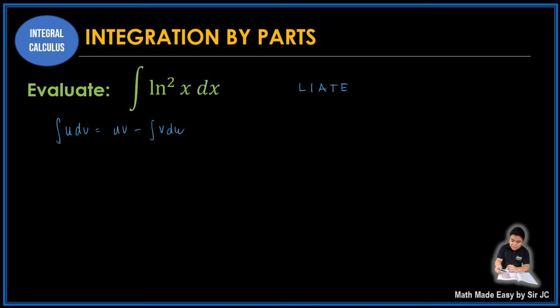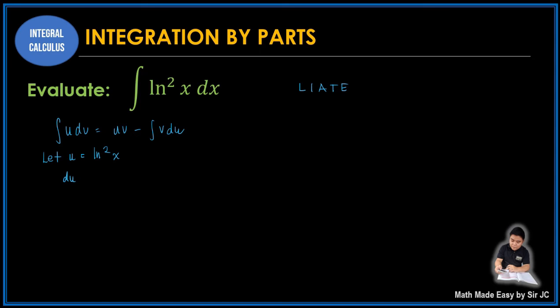L is the logarithmic function, then inverse trigonometric, algebraic, trigonometric, and exponential. Since we have ln and a constant 1 dx, our u is equal to ln squared x.